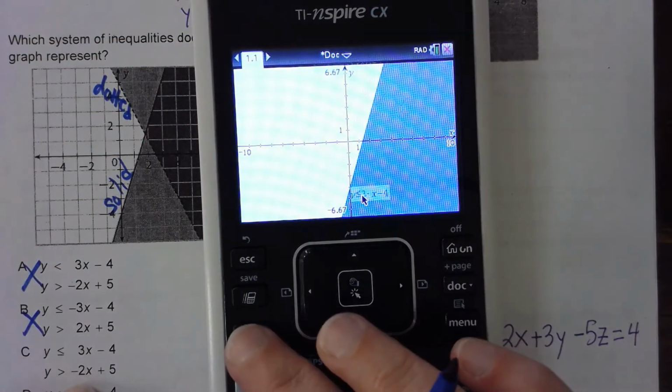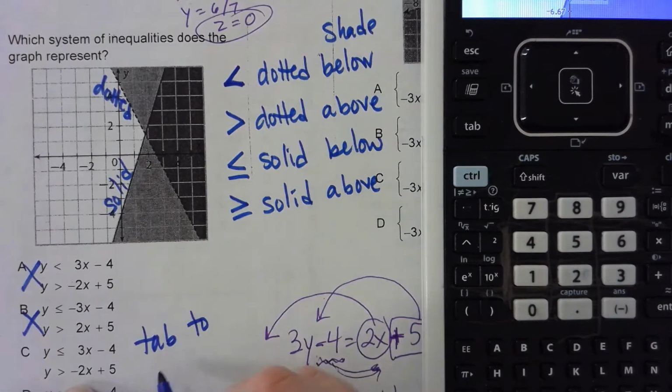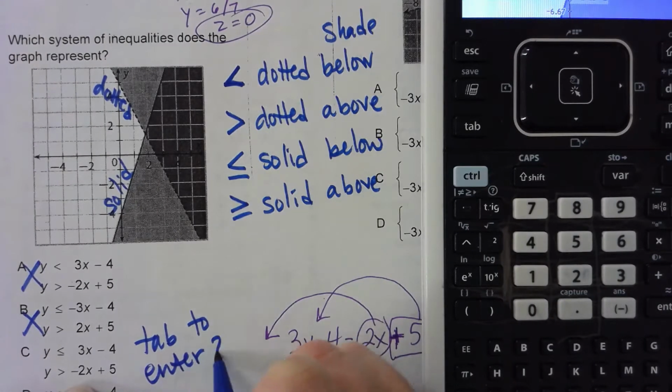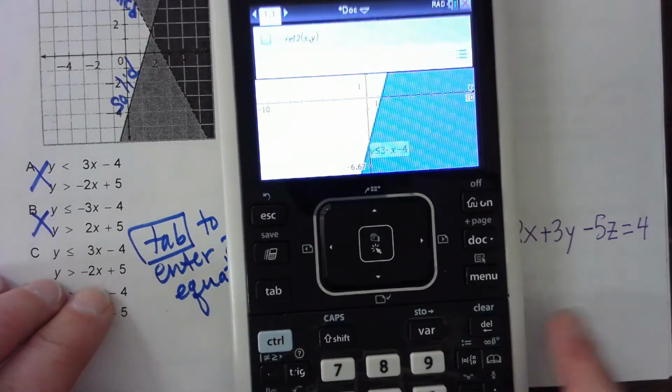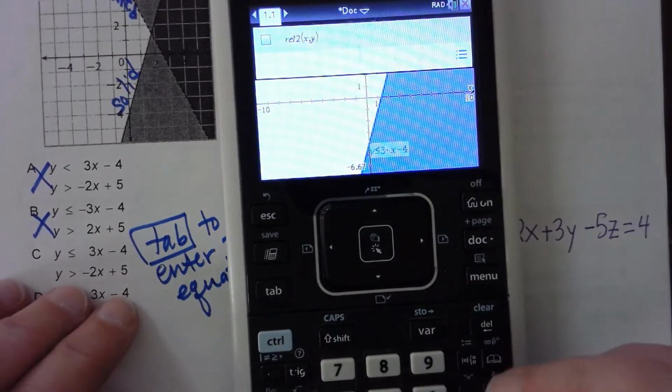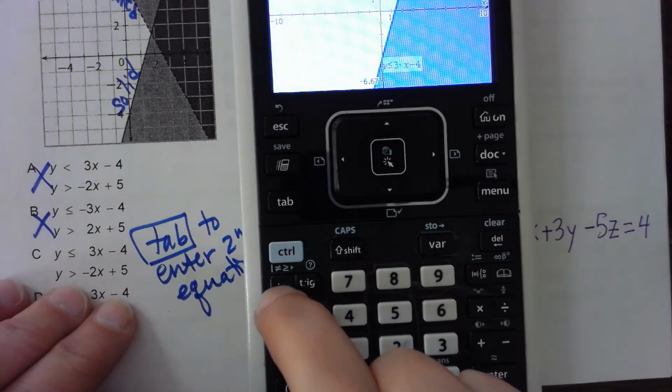And I'm going to do the other one, so I'm going to hit tab. Tab to enter second equation. All right, the second one is y is greater. So to do this, y is greater, there's an equal sign right here.